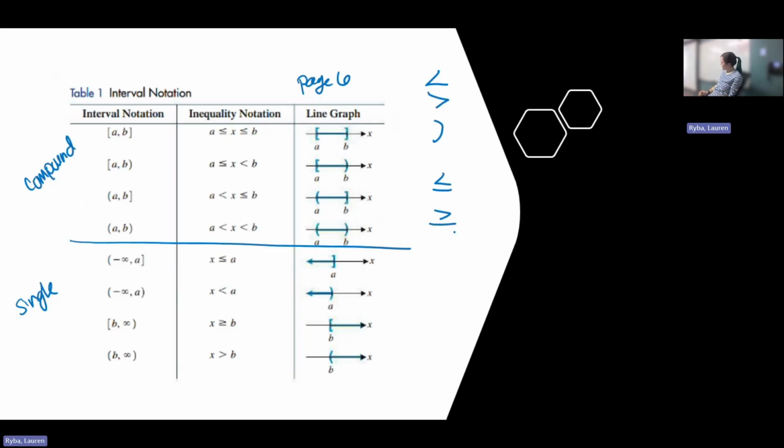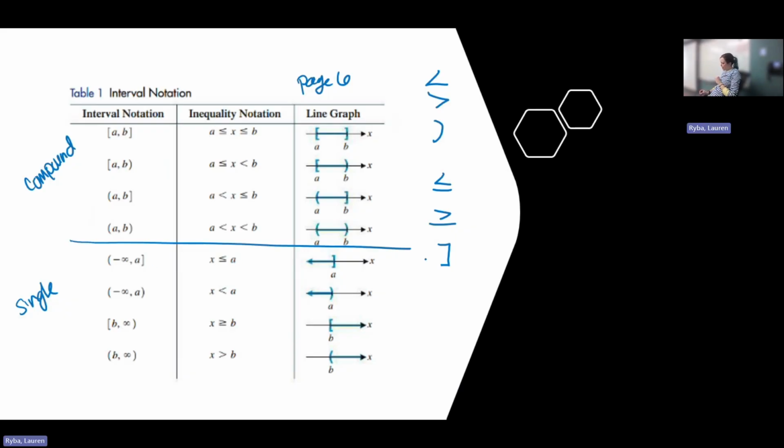Versus, if I do the equals to piece, we use a square bracket, which is saying you can include this value. So if I say I want a number less than or equal to 3, I can include 3 because 3 is equal to 3. And then any number less than that as well.